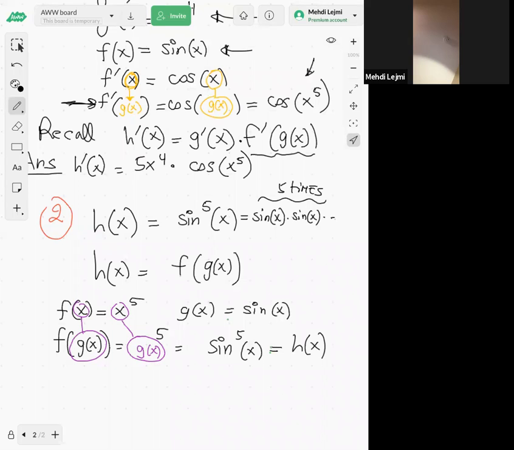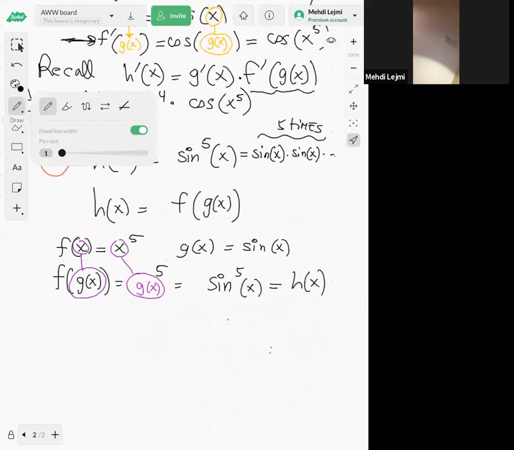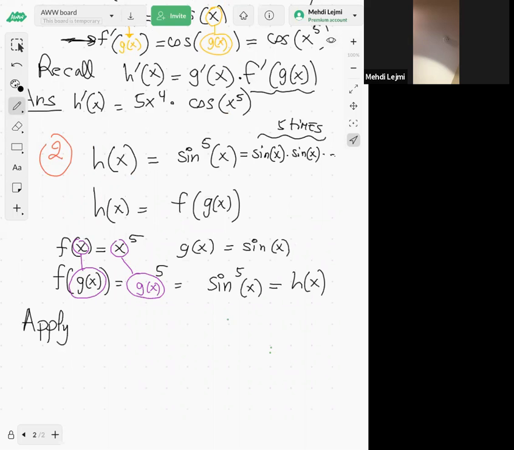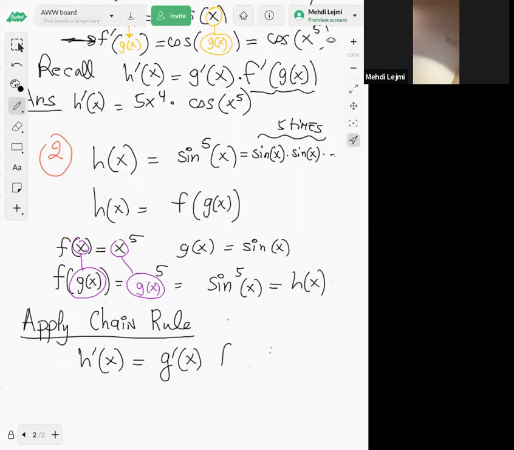So if you want to apply the chain rule, then h prime of x would be g prime of x, f prime of g of x. So that's my chain rule.